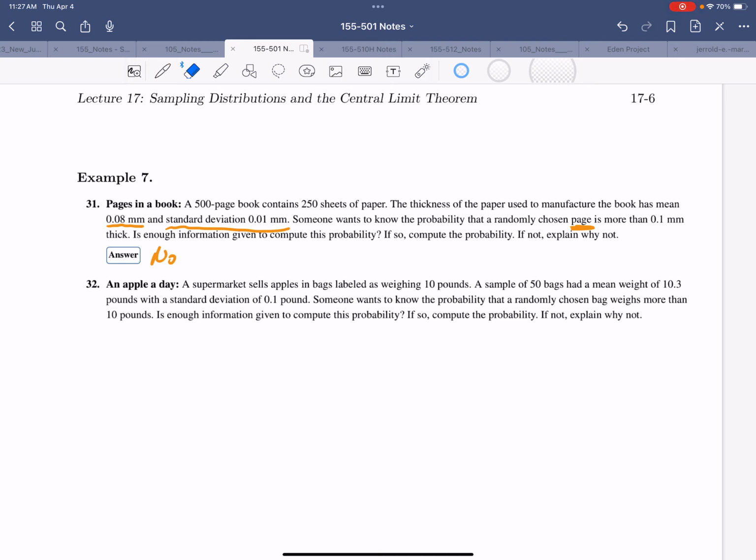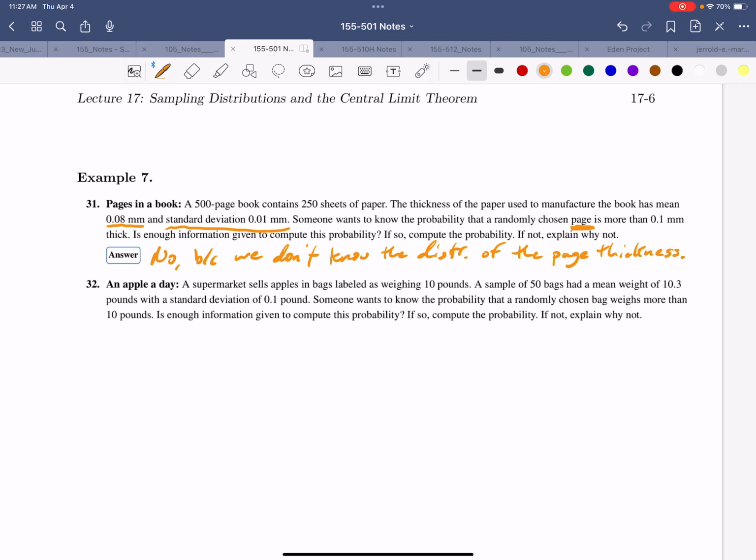We know that it's somewhat unlikely to be 2 standard deviations above the mean in any distribution, right? Chebyshev's inequality. But we can't precisely calculate the probability. We don't know the distribution of the pages, or I should say of the page thickness.